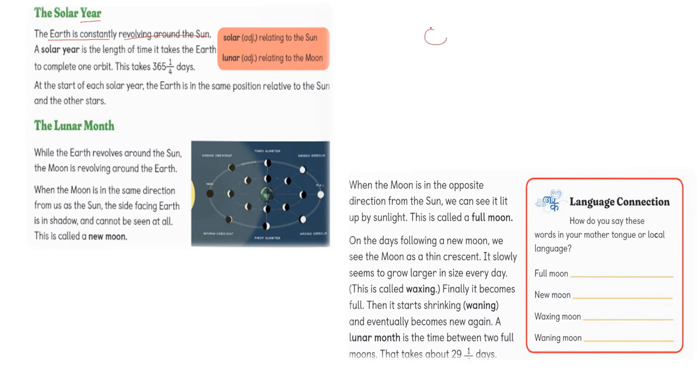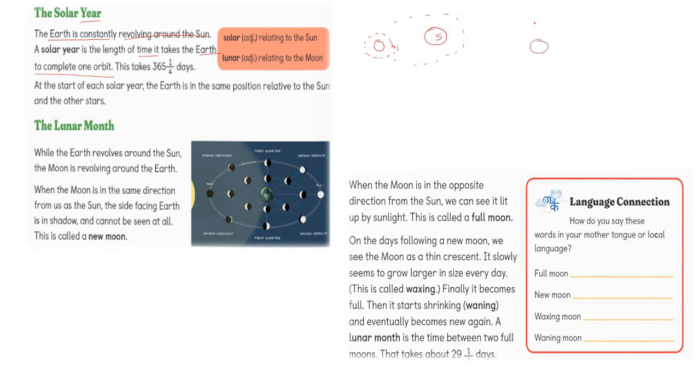Now we studied that Earth is constantly revolving around the Sun. The Sun is not moving, as you can see in the video we saw. This is Sun. This is Earth. Earth is revolving around the Sun, whereas Moon is revolving around the Earth. So what is a year? A solar year is the time taken by Earth to revolve around the Sun, one round, to complete one orbit.